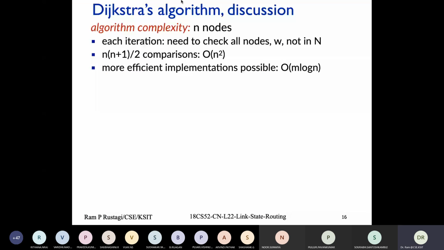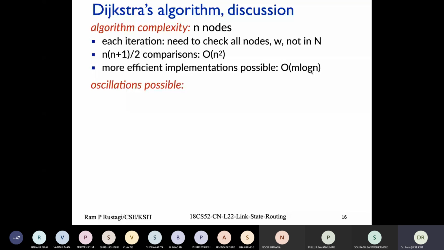If you were to use an adjacency list, then time complexity will be m, the number of edges, times log n, because you can make a heap. And in a heap, when you update the minimum value, adjustment takes order log n time. You do it for each edge, because each edge you consider only once. You don't consider it again, and each time you can update the heap, so it becomes log n. So depending on implementation, complexity could be n square or m log n.